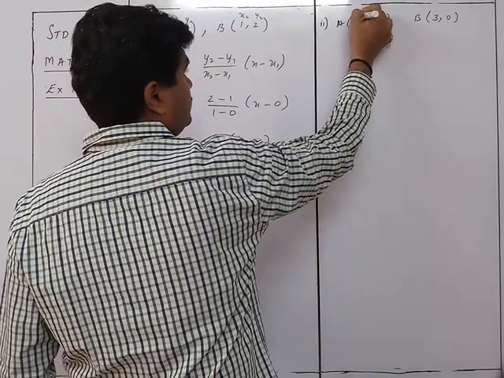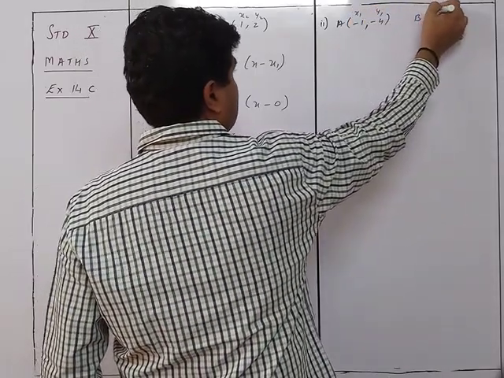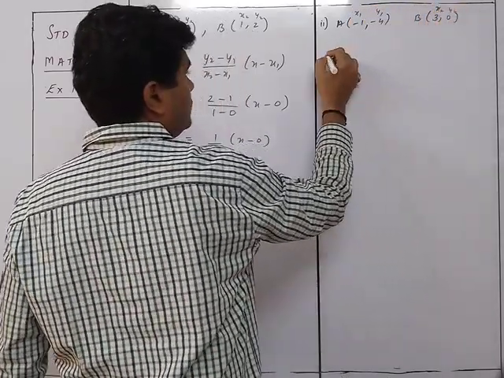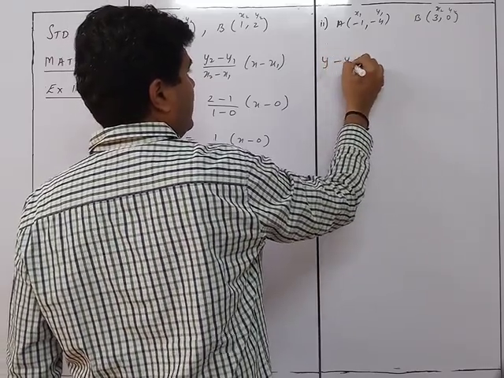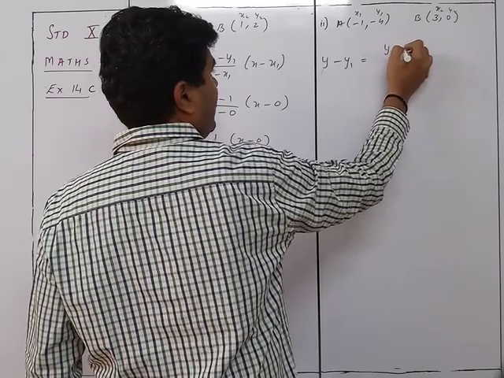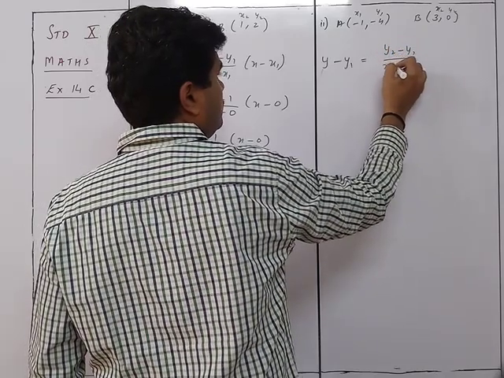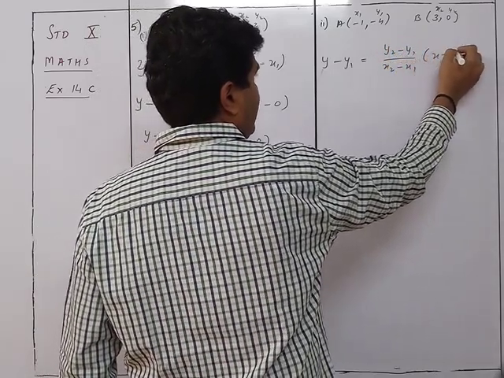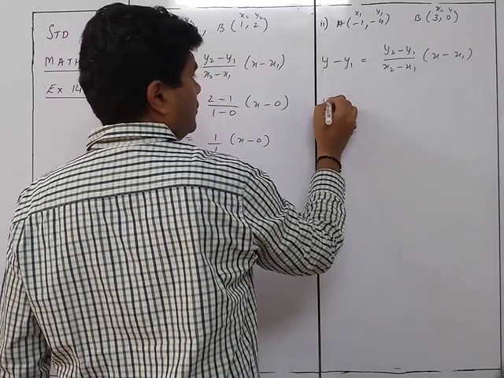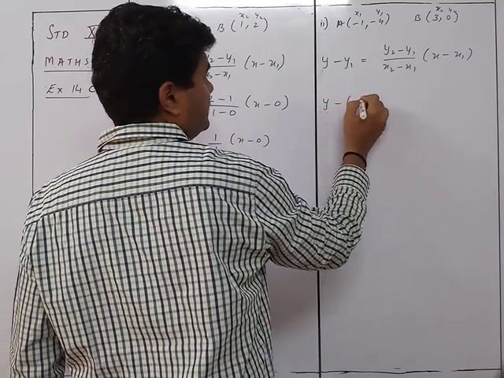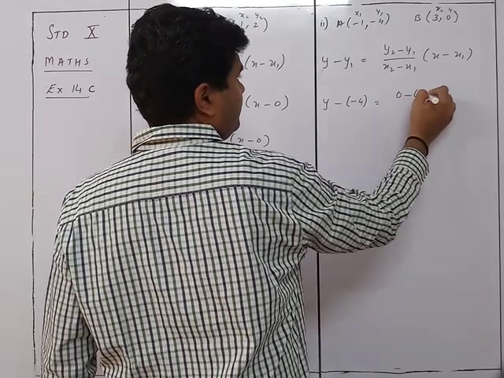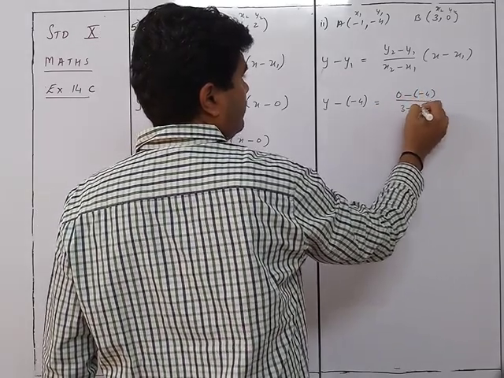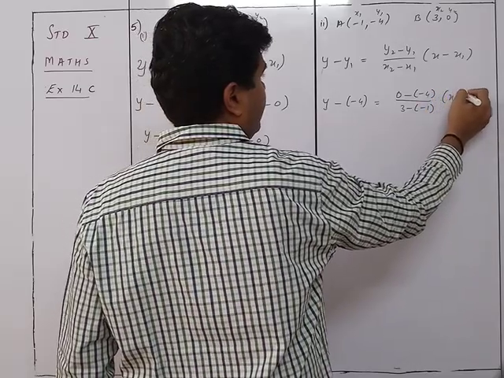So this is my x1, y1, x2, y2. So the formula is y minus y1 is equals to y2 minus y1 upon x2 minus x1, x minus x1. So y minus of minus 4 is equals to 0 minus of minus 4 upon 3 minus of minus 1 into x minus of minus 1.